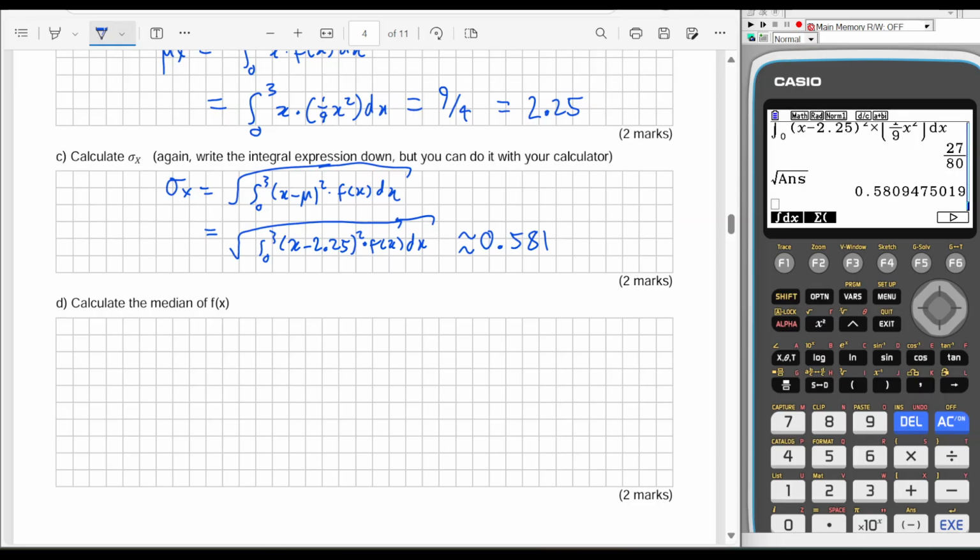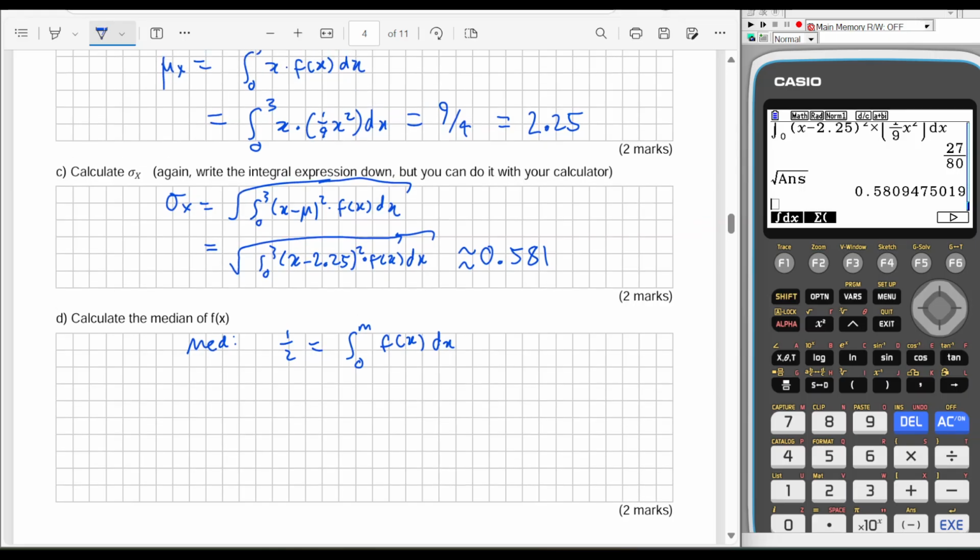Now this one you do have to do by hand. So for the median, we require that 1/2 equals the integral from 0 to m of our function. We'd like half the area to be before the median and half the area to be after the median. So the median is m, that number.